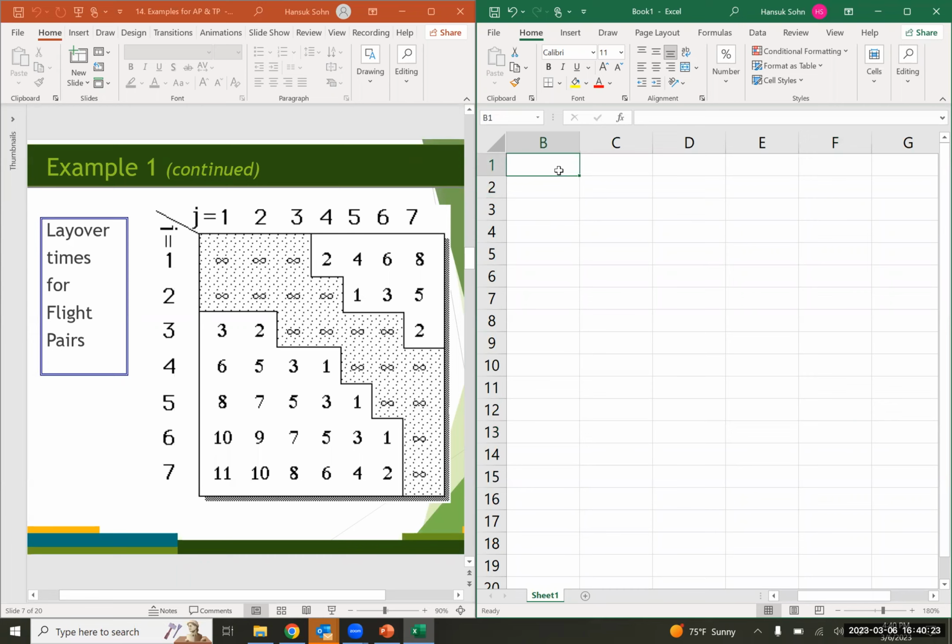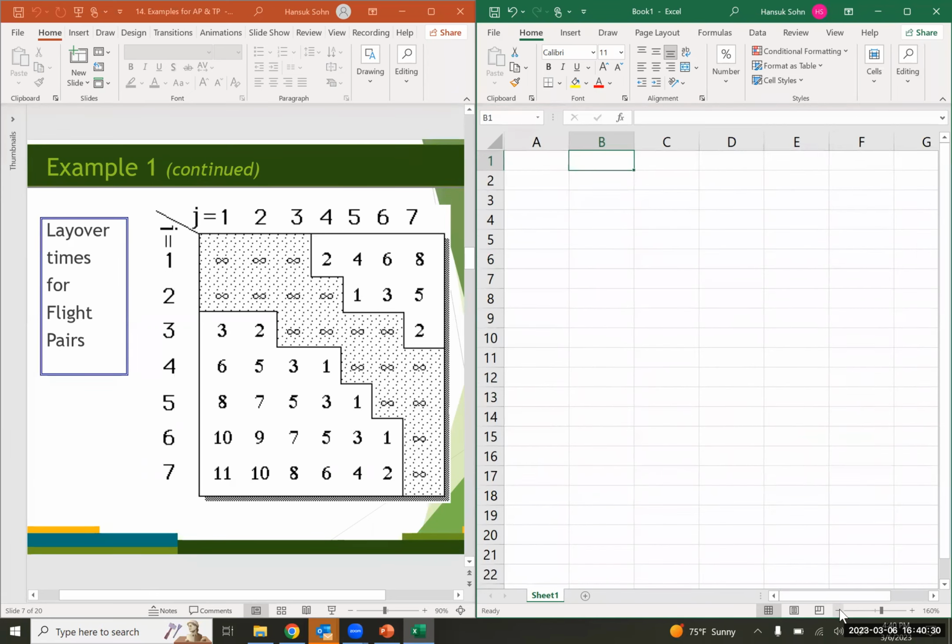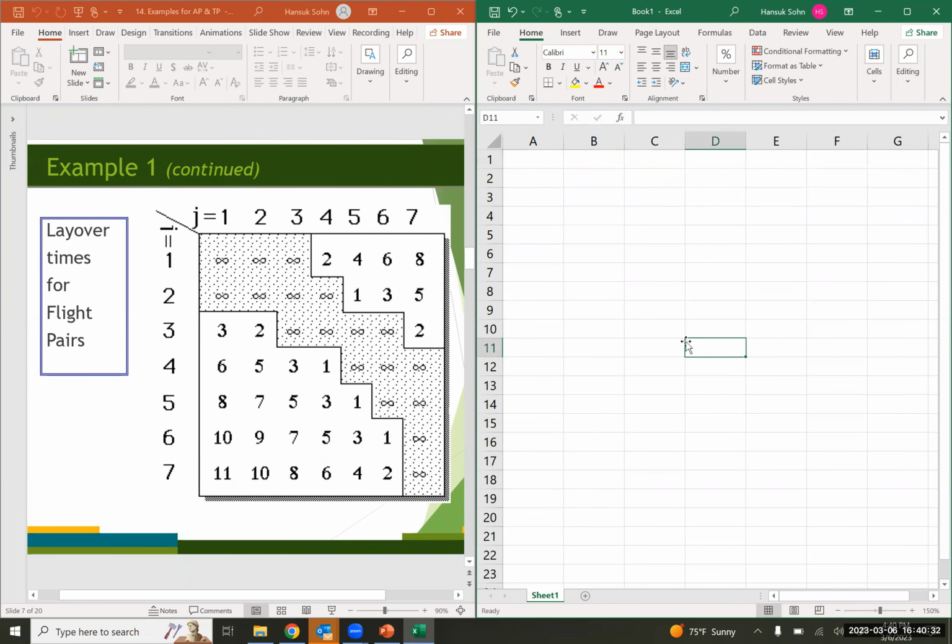So we have a 7 by 7 matrix, that's going to be like this. And we have 2, 4, 6, 8, 1, 3, 5, and 2.